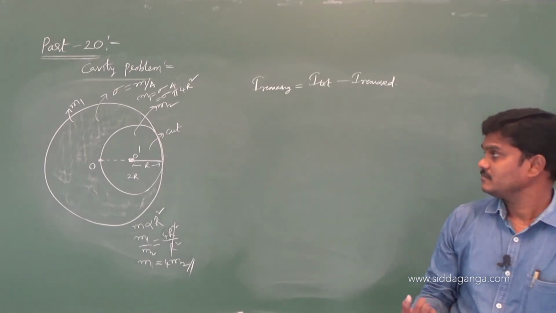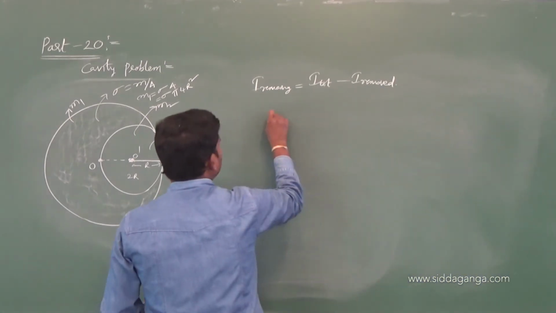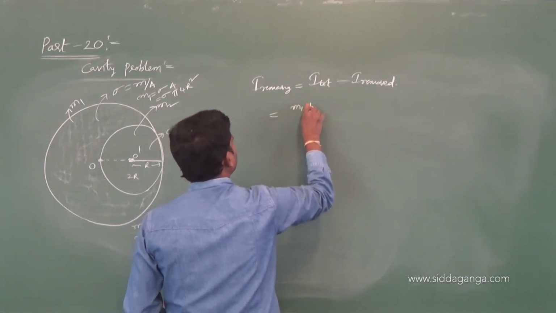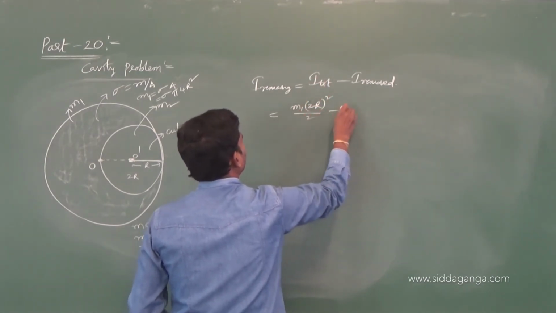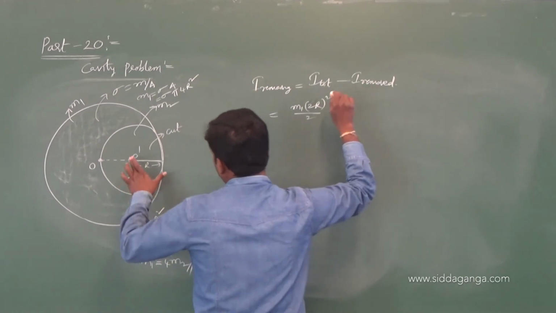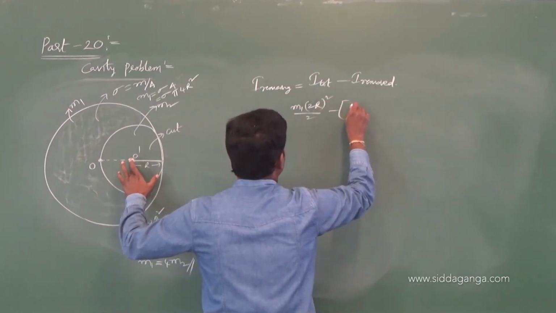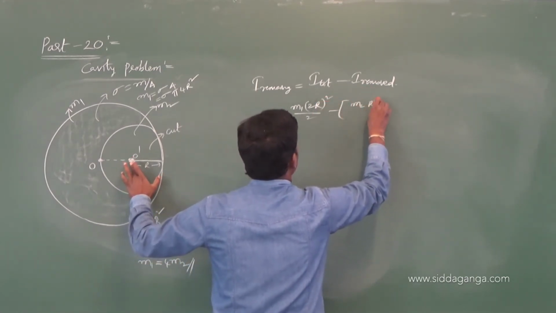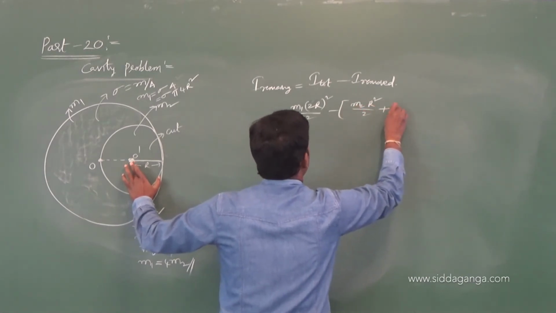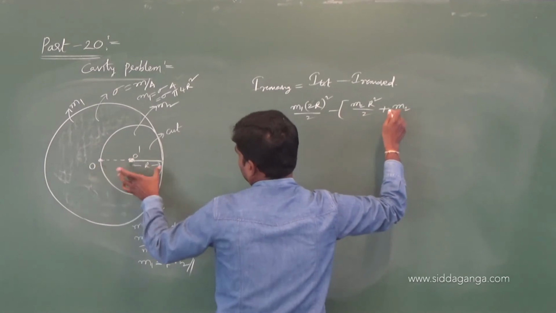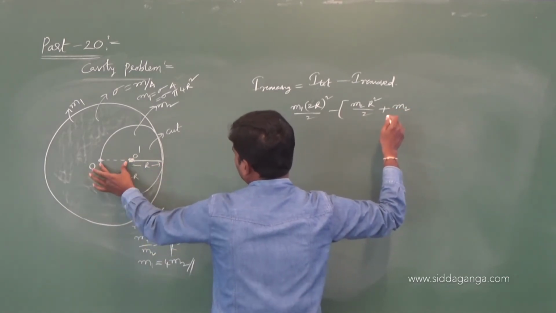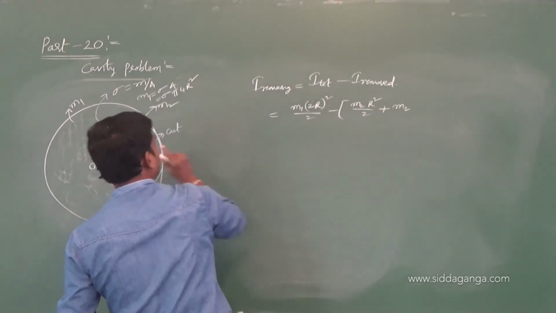Let us try. What is the total moment of inertia? Total m1 into 2r square by 2, minus the removed part passing through its center, m2 r square by 2, plus m2 times the gap squared. What is this gap? Total 2r, this is r, so this is r. Speed up the question.